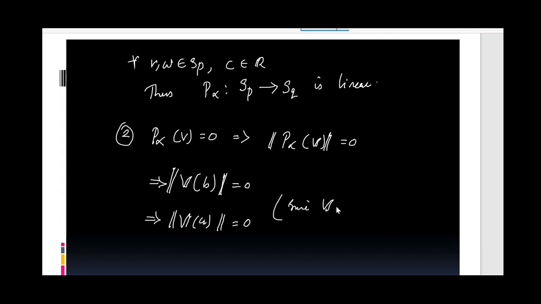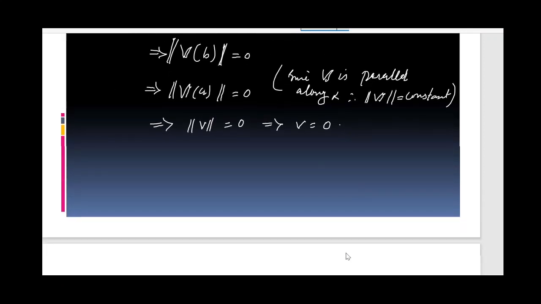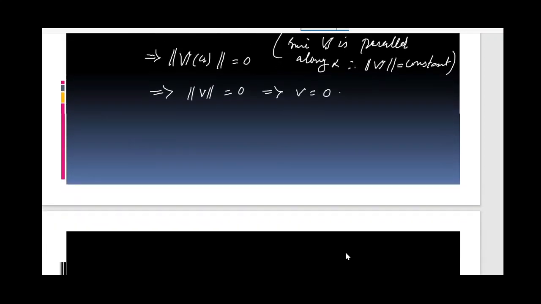Since V is parallel along alpha, the norm of V is constant. So this implies norm of V equals 0, which implies V is equal to 0.